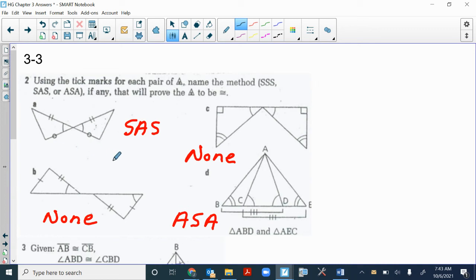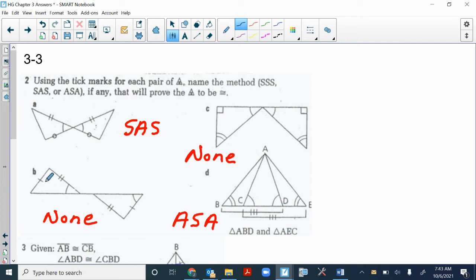So I've got the answers here, but we can just see it as we go. Here we have corresponding angles congruent, corresponding segments congruent, then the corresponding angles are vertical angles, and then corresponding sides on the bottom. So it is side angle side for that one.